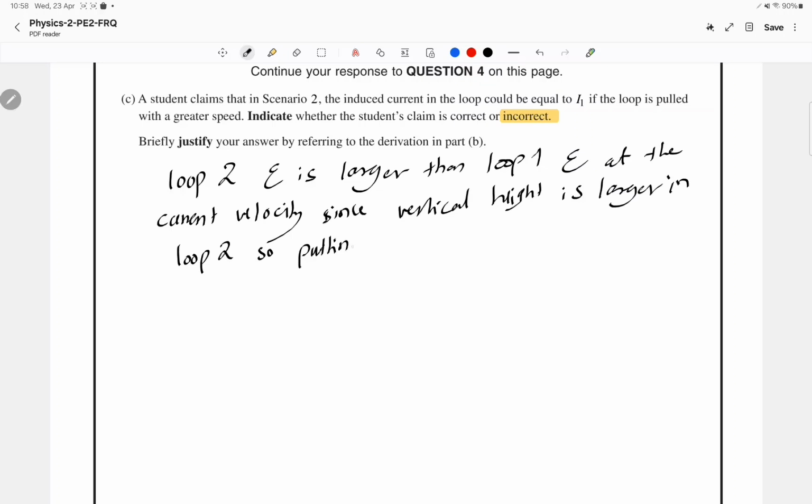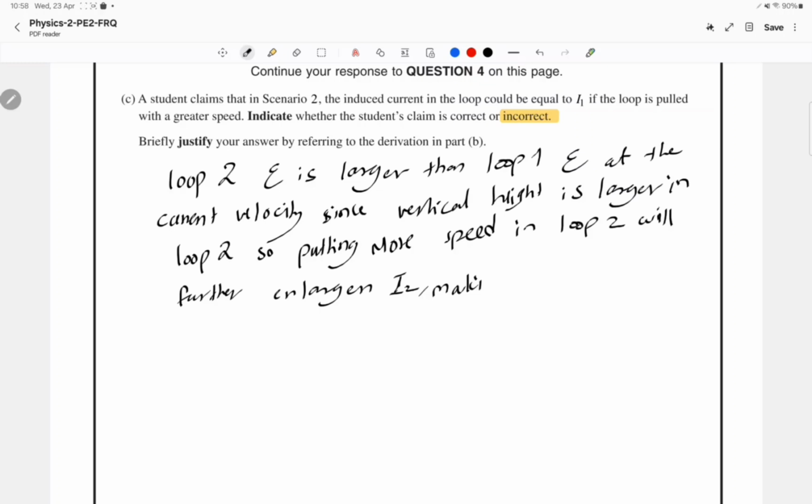So putting more speed in loop 2 will further enlarge I2, making it even more now than before. Okay. So, yeah, very good.